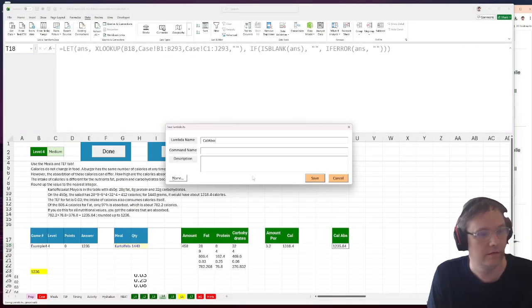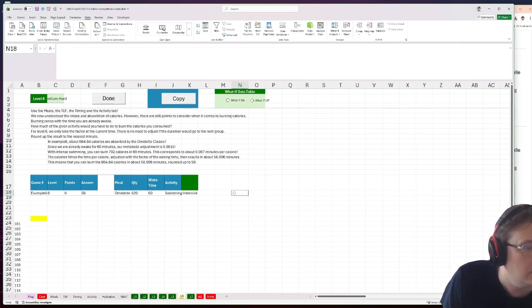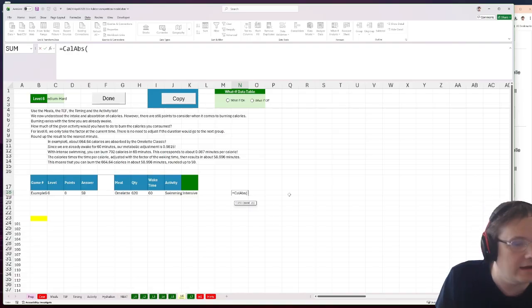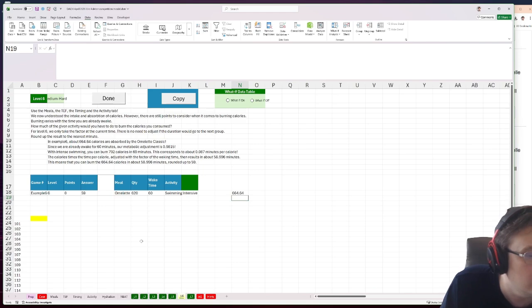So equals calories absorbed of this meal and this quantity. Good.